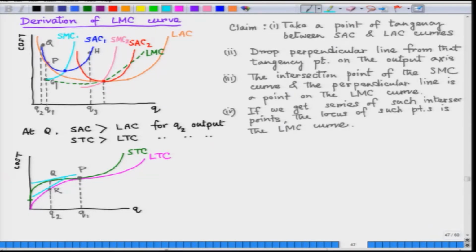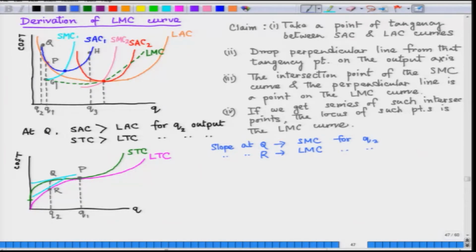So, the slope at point Q here is basically the short run marginal cost, right, for Q2 output level. And what is the slope at point R? So, that is basically my long run marginal cost for the same output level.